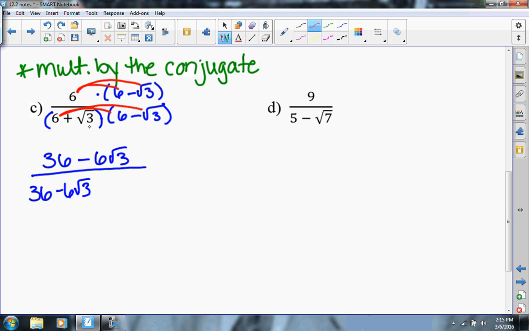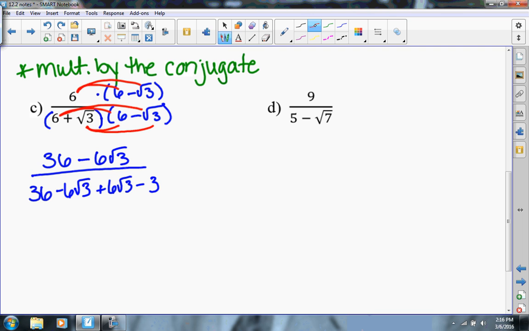And then in the denominator, I'm going to do the other part of my distribution here, the square root of 3 times the 6, and the square root of 3 times the negative square root 3. So then I'll get a positive 6 square root 3, and then a minus 3, because the square root of 3 times the square root of 3 is the square root of 9, which is a perfect square, that's 3.